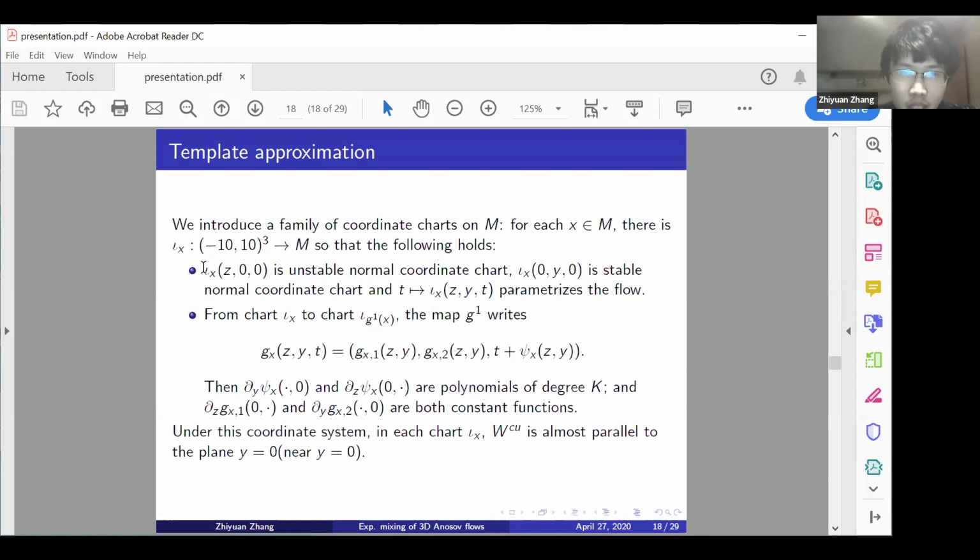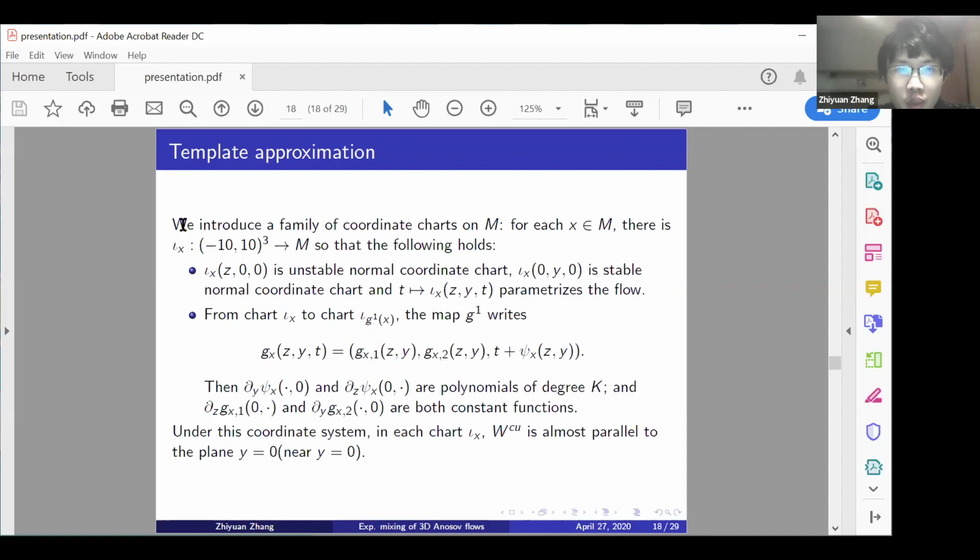So basically, first of all, you know that on each point on the stable manifold and also the unstable manifold, you can, in some sense, parameterize things canonically. There are so-called non-stationary normal charts for the stable manifold and also the unstable manifold.